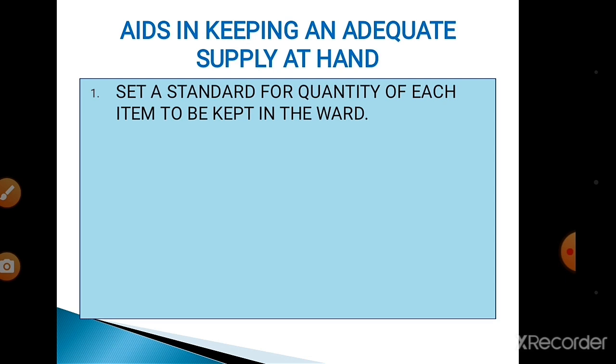If one is broken, the pieces are exchanged for a new one, or if one is lost, it should be replaced. But the total number should not exceed 4, which is the standard for her unit. There are many factors that serve as guides in setting the standard.